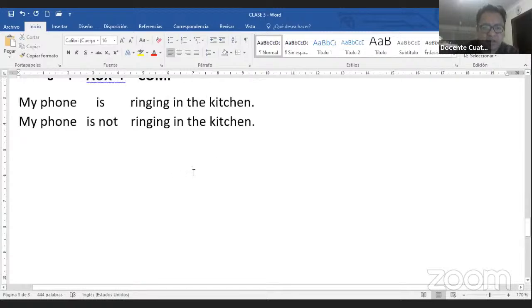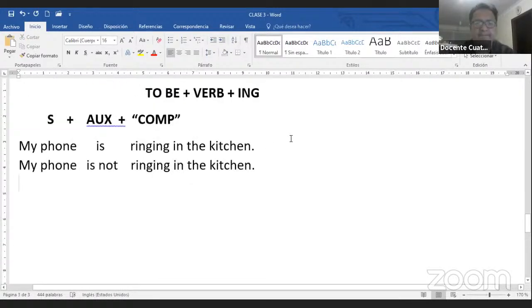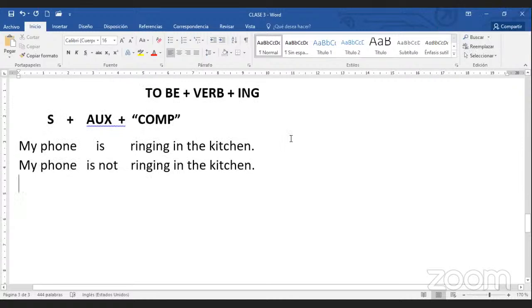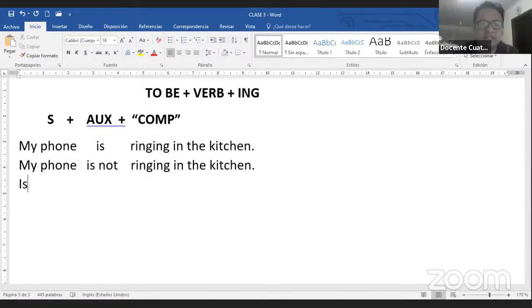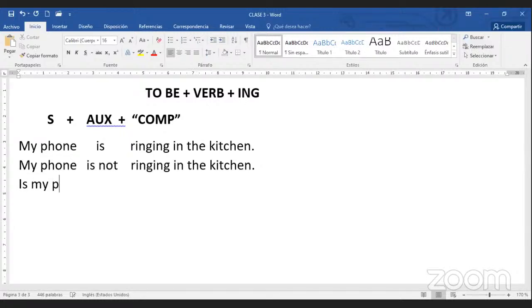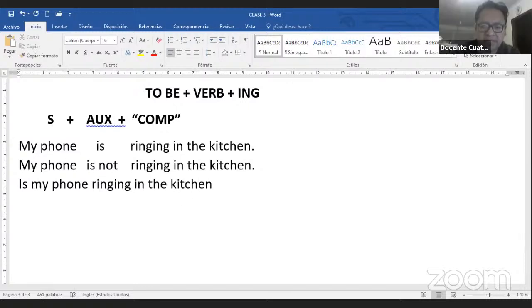First, auxiliary. Which is the auxiliary? Is. Then we have my phone. Is my phone ringing in the kitchen? Very good. That's it. So you see, if you know the formulas, it's not really difficult.